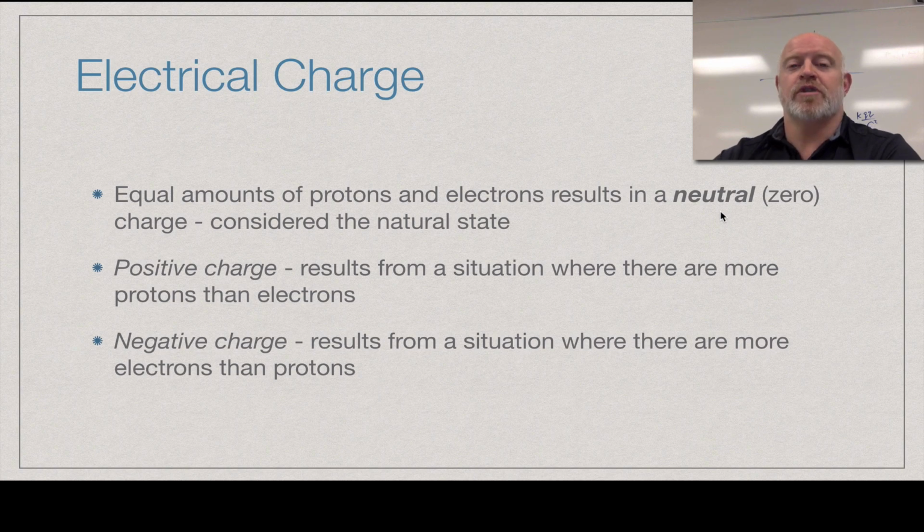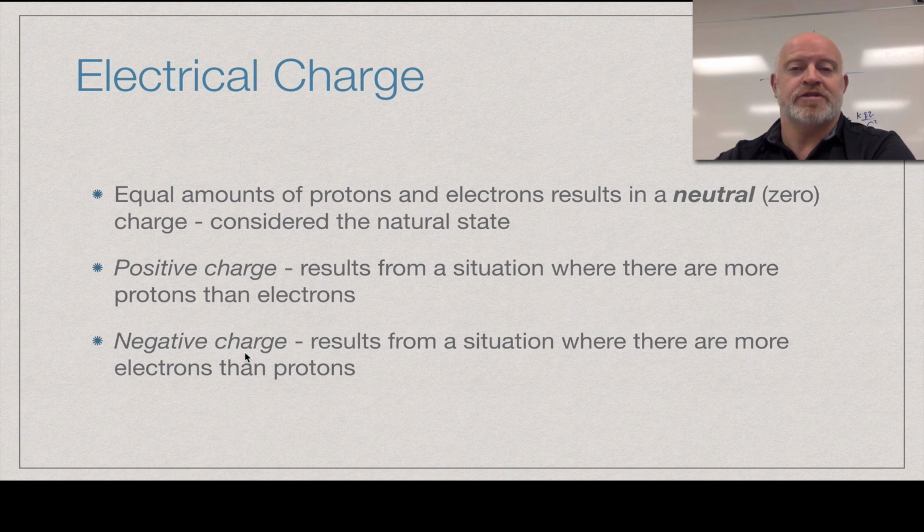So don't look at this just through the lens of single individual atoms, but think about macroscopic objects that we can actually strip electrons away from, or actually give extra electrons. When we do that, we can create positive charge or negative charge. When we get positive charge, that means somehow we've removed electrons and our ratio of protons to electrons now favors the protons, which means electrons have gone away and you have more protons than electrons. If we have negative charge, that means somehow we've added electrons to our object.